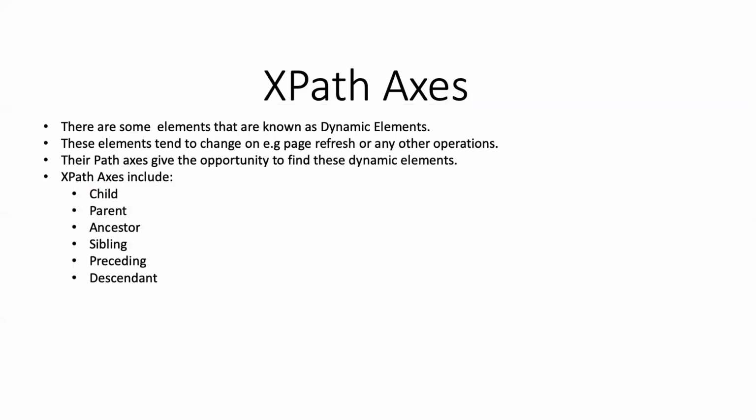XPath axes. There are some elements that are known as dynamic elements. These elements tend to change on, for example, refreshing the page or any other operations. XPath axes give the opportunity to find these dynamic elements. XPath axes include child, parent, ancestor, sibling, preceding, descendant, and many more.